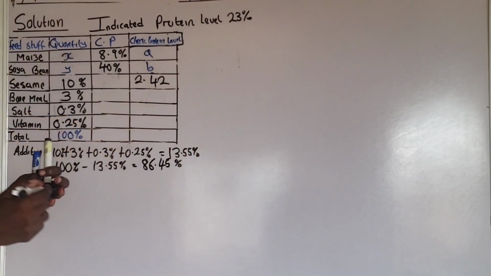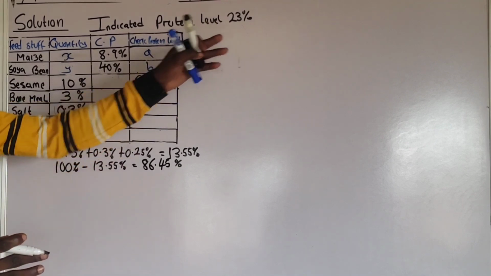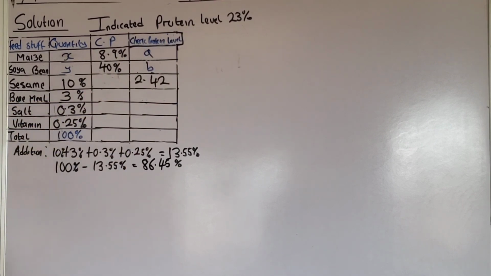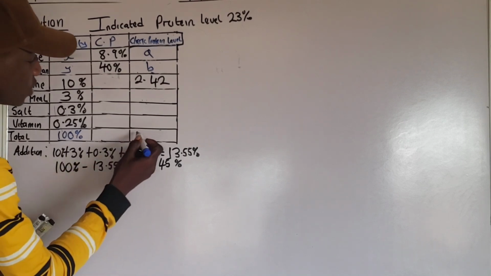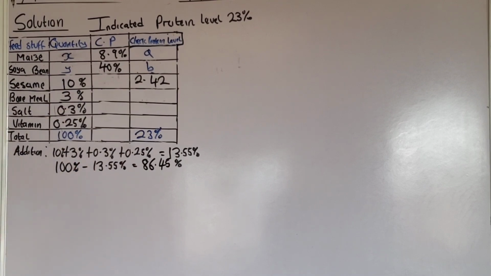That is our check. It must not be greater than 23% and it must not be less than 23%. So the protein level that you're given in the question is 23%.